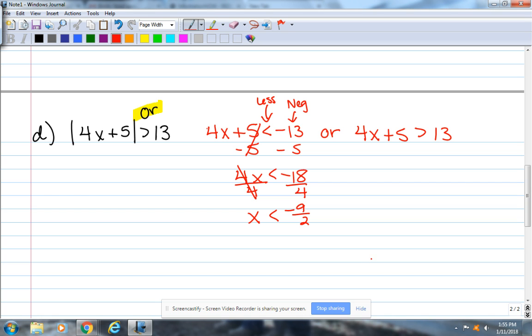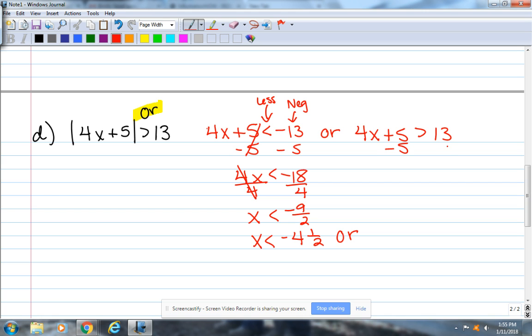And if you don't like that improper and you want it mixed, it's the same thing as negative 4.5, right? And then just like yesterday, we need to keep or in our answer if we have an or problem.